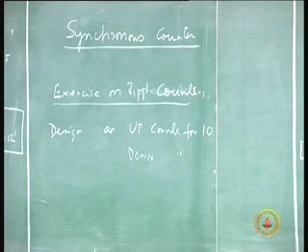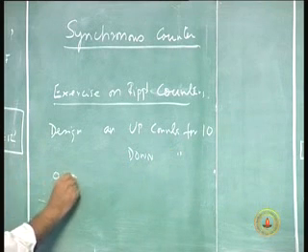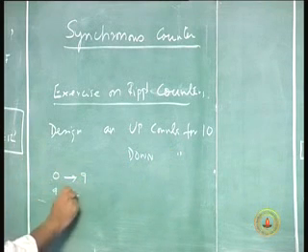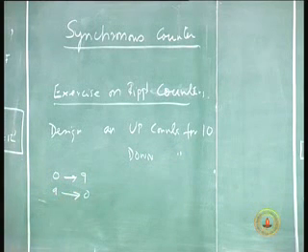These are called decimal counters. It goes from 0 to 9 or 9 to 0. And any other value you can also do, as I said, by using these gates.